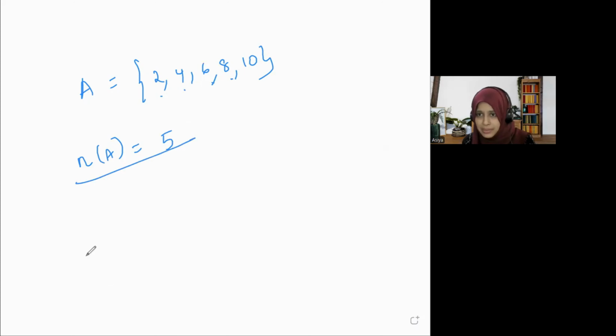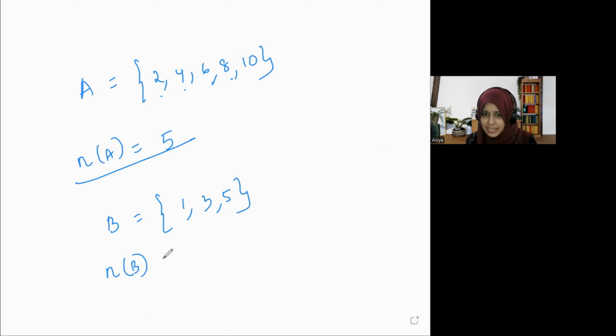This is how I represent it. Now, suppose I have another set B that contains 3 elements. Now, I can represent it as number of elements in set B are 3. This will give me an idea as to how many elements are there and if the set is finite or infinite set.